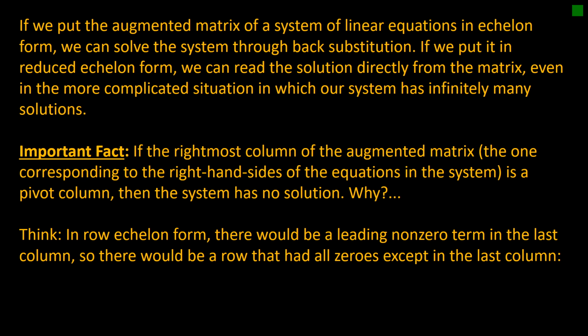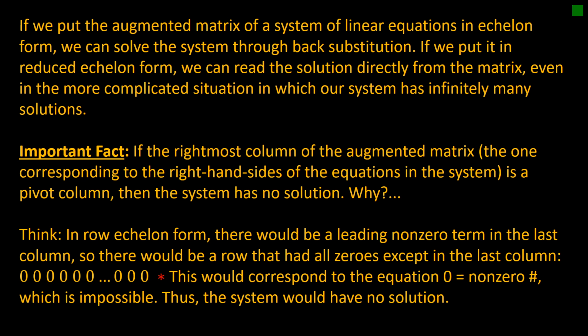In a row echelon form, there would be a leading non-zero term in the last column. So there would be a row that had all zeros except in the last column. So you'd have a row like that, right? All zeros, might be a big matrix with lots of zeros, but the very last column has a non-zero number. What does that mean? That means it's the equation, if you think back in terms of the system, that says 0 equals whatever that non-zero number is, which is impossible.